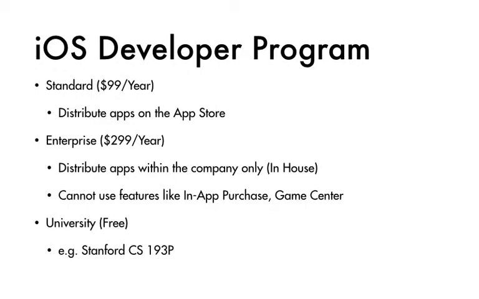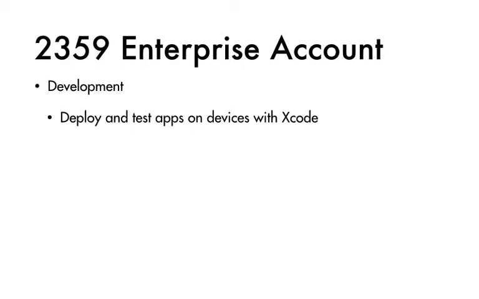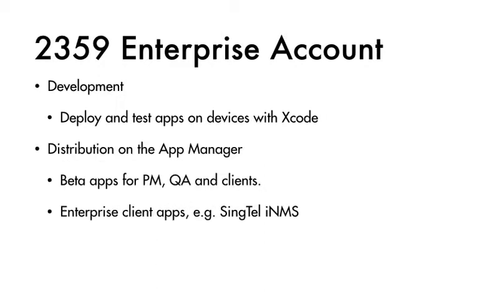For development, we use this account to deploy and test apps on devices, and it runs through Xcode. And for distribution, we distribute the app on App Manager. App Manager is a way to distribute beta apps to, for example, PMs, QAs, and of course clients.